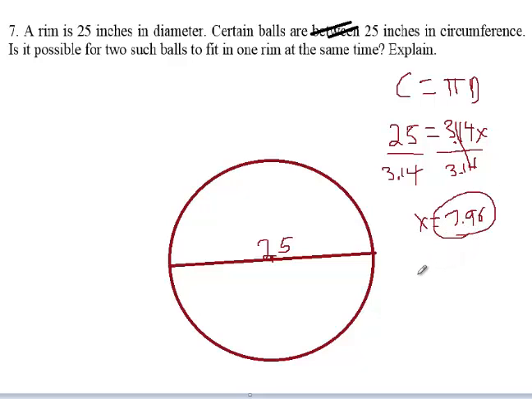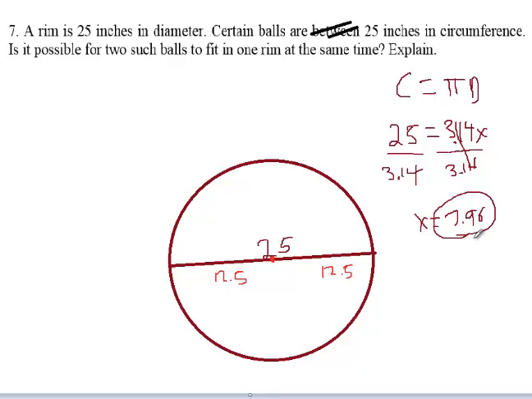So now we'd have to envision, do two circles that have a diameter of 7.96 fit into this rim? And I think it's fairly obvious that it will, because if they're 7.96, that's the entire diameter. Each side of this 25 from the middle, in other words, there'd be 12.5 on this side, and there'd be 12.5 on that side.